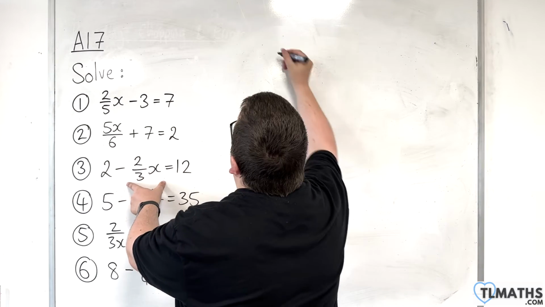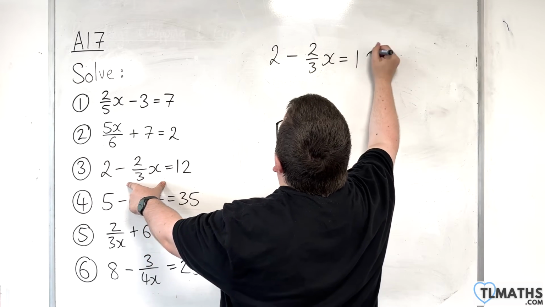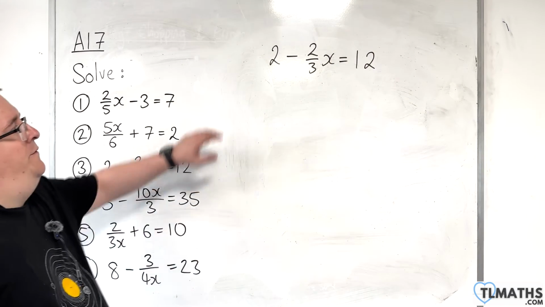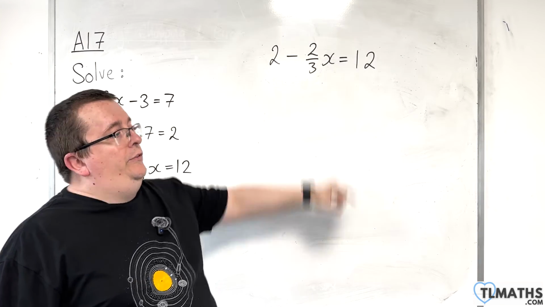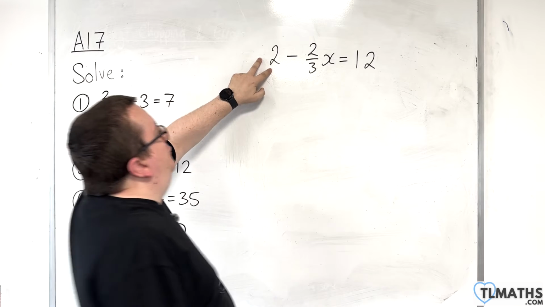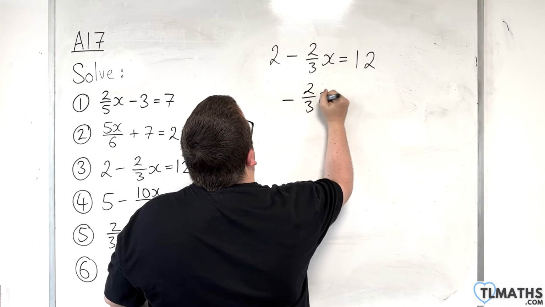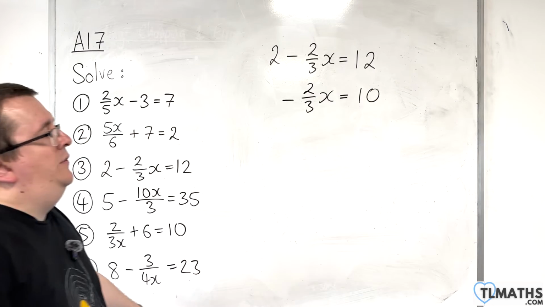So number 3, 2 take away 2/3 x is equal to 12. So we have this plus 2, and then we've got the minus 2/3 times x. So let's deal with the plus 2 first and subtract 2 from both sides. So we get minus 2/3 x is equal to 10.